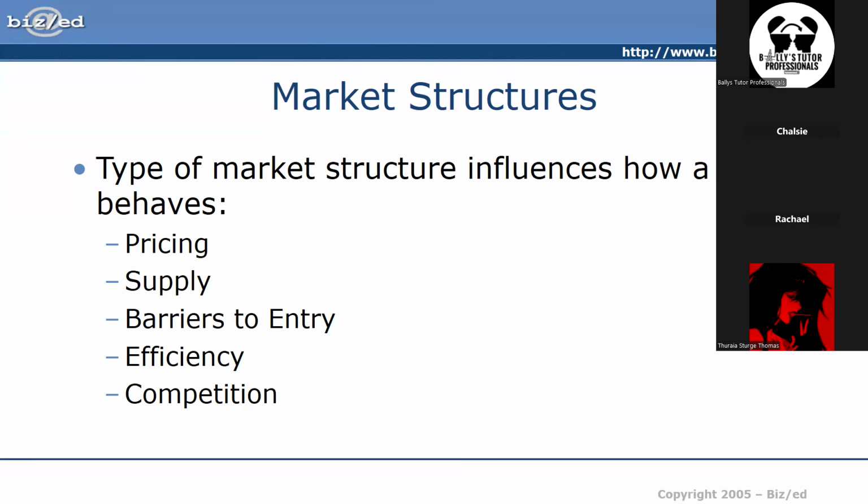And it looks at it based on these specific things: pricing, the supply of the goods, the barriers to entry and exit, efficiency, competition, type of product, and so forth. And when we look at each market structure, you'll see exactly what I mean.